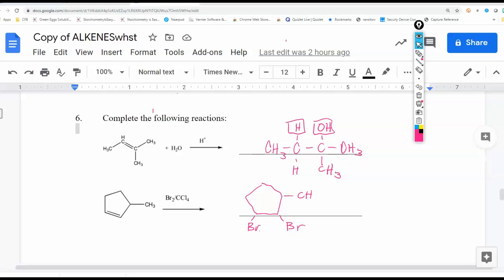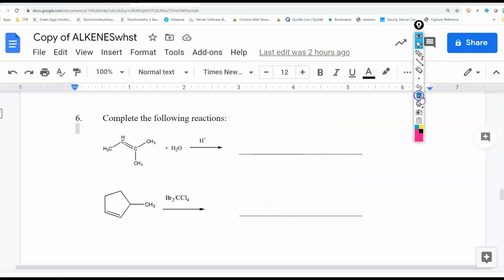So I chose the secondary carbon for the hydrogen to go on, and I chose the tertiary carbon for the OH to go on. That was following Markovnikov's rule. And then on here, the double bond was symmetrical, where on both sides was a secondary carbon. And the HBr was also symmetrical, so I just had to break the H-Br bond and put it on there. Okay, so let's go on to our next one, and I'm going to erase that.